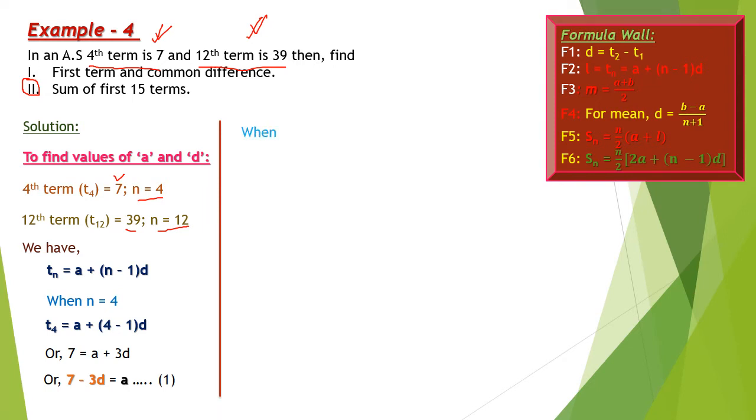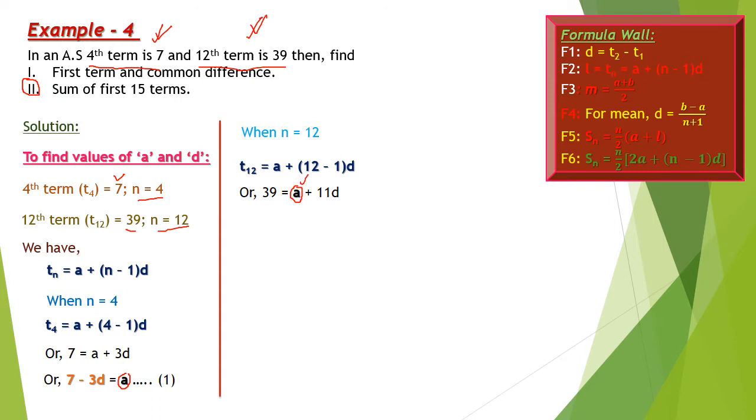When n is equal to 12, T12 is equal to a plus 12 minus 1 d. We have the value of T12, that is 39, so 39 is equal to a plus 11d.